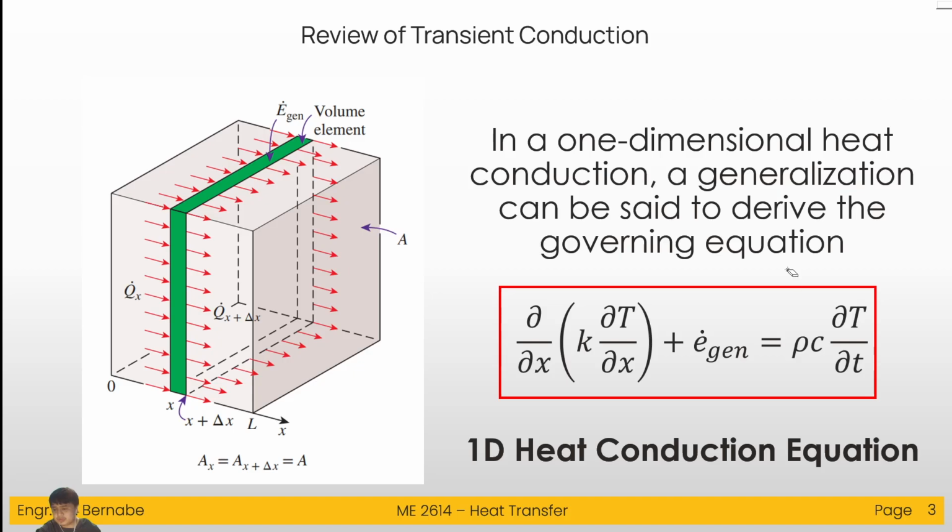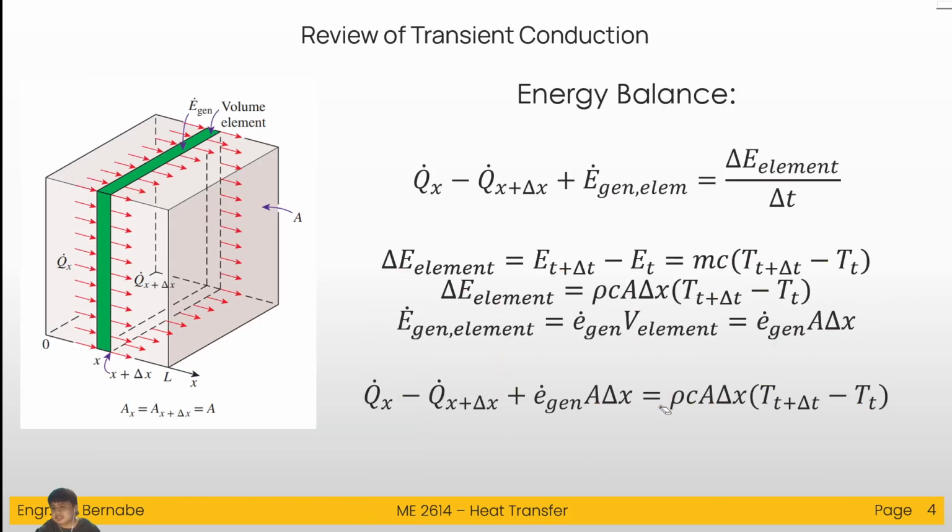So where did this equation come from really? It is this energy balance. If you have again this material and we choose this volume element, we can call this the control volume. So basically you have this volume here, it's like a plate.